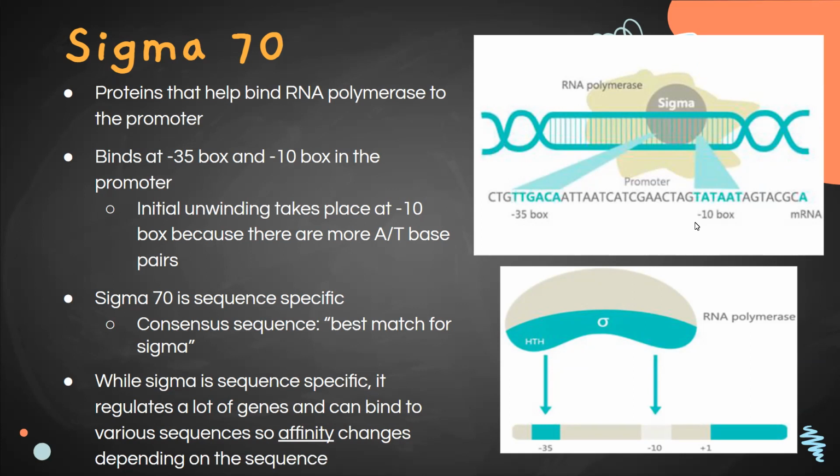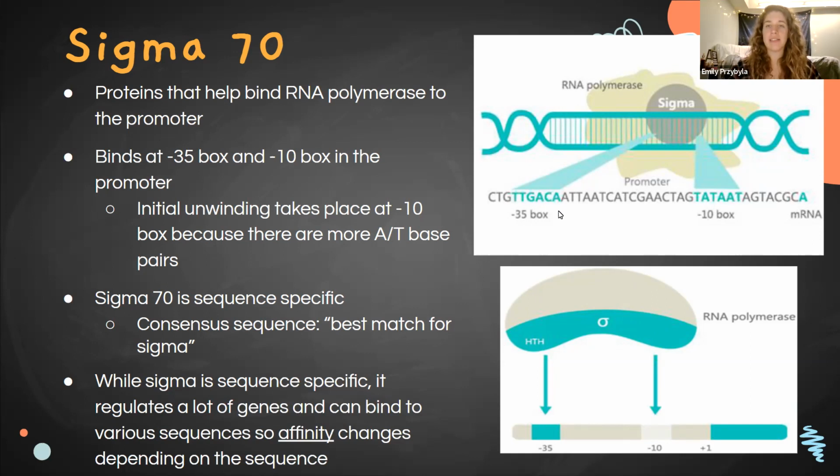Yes. Okay, and so sigma 70 is my cute favorite little bean because it looks like a kidney bean. We picture it as a kidney bean because it binds at 2 regions on the DNA. These are called the -10 and -35 spots. That means they are 10 nucleotides and 35 nucleotides behind where transcription starts. And these regions are rich in A's and T's.